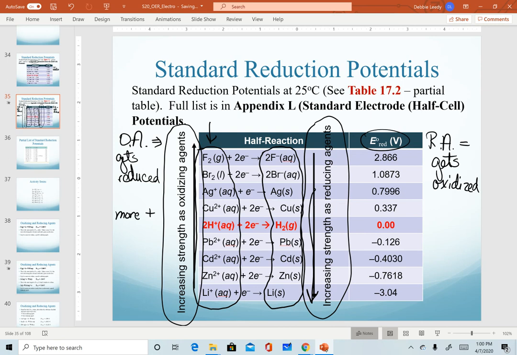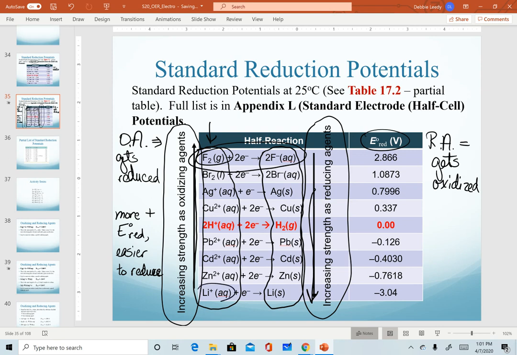The more positive a reduction potential, the easier that substance is to reduce. So looking at this list, notice that fluorine at the very top means that fluorine gas, out of all of the substances in the periodic table, is the easiest element to reduce.